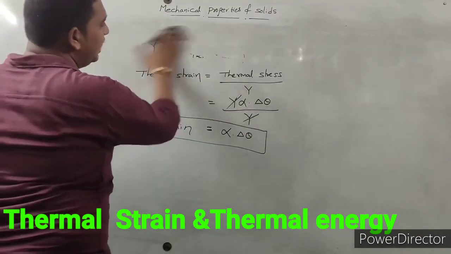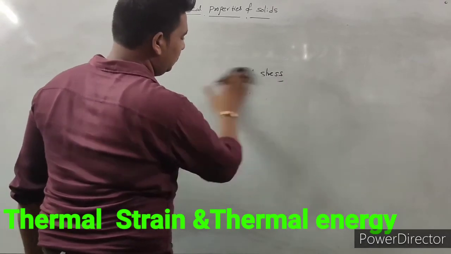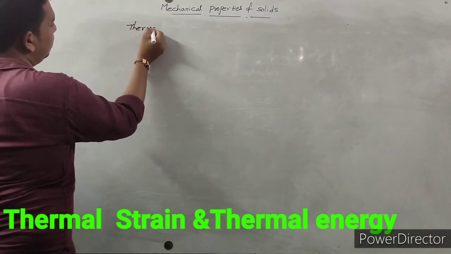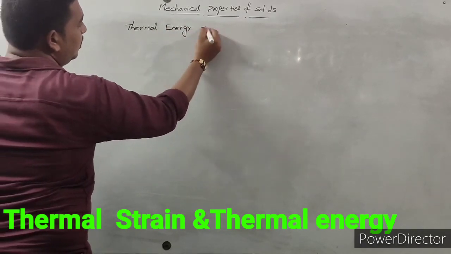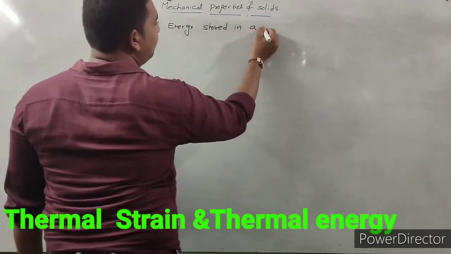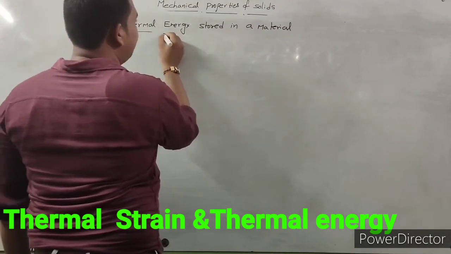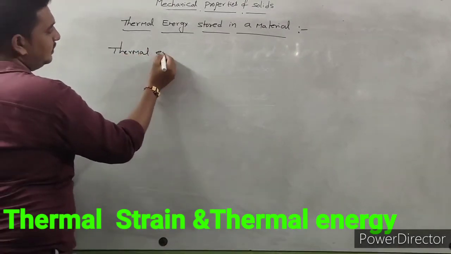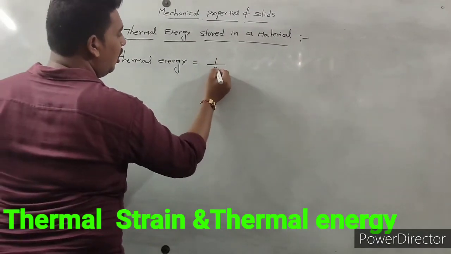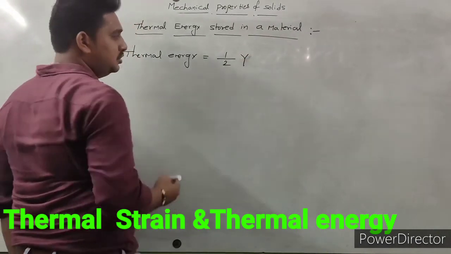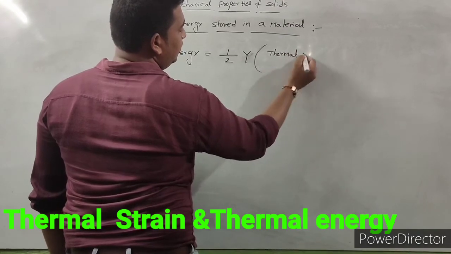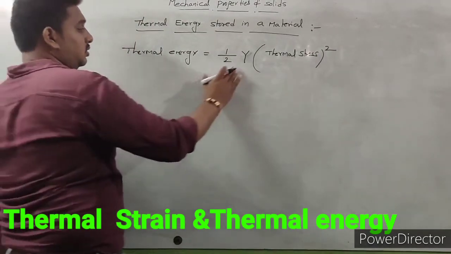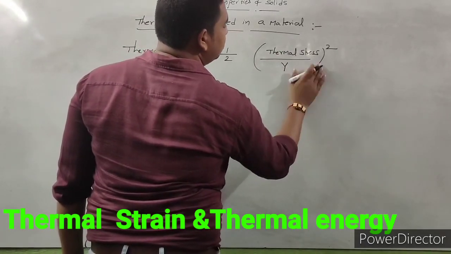Thermal energy is equal to half into Young's modulus into (thermal stress by Y) whole square.